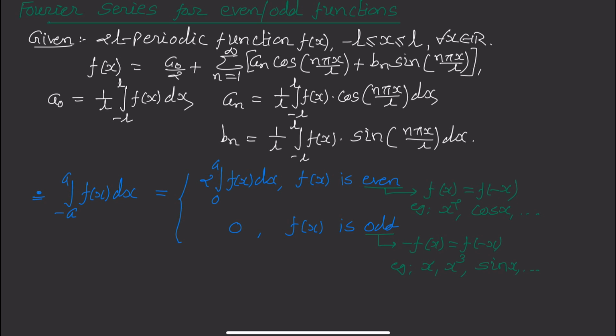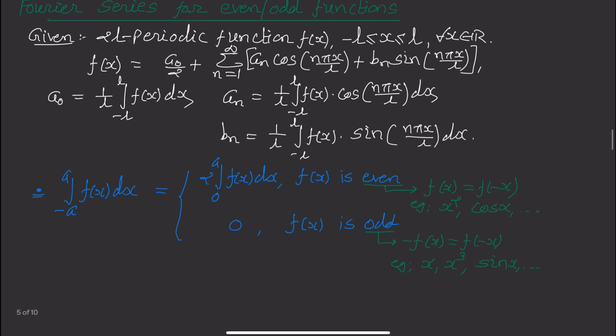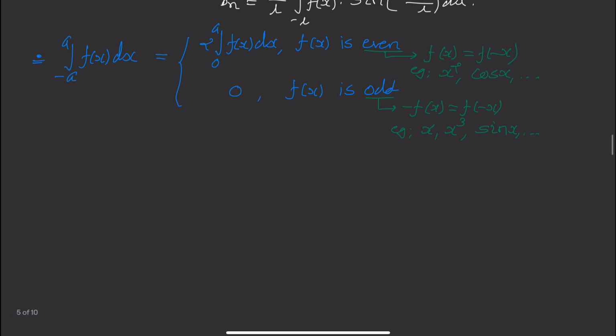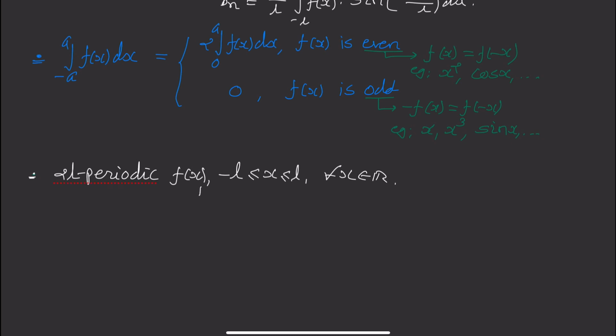Now, suppose we have given a 2L periodic f of x over the fundamental domain minus L to L. Now, two kinds of cases we have.